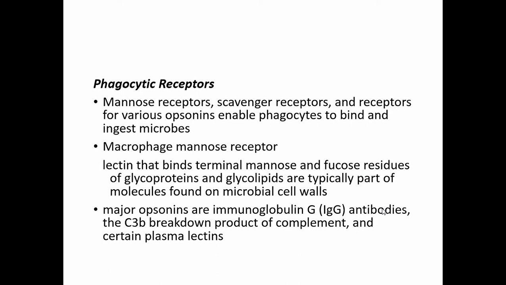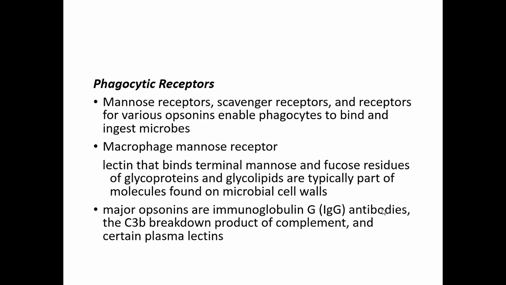The macrophage mannose receptor is a lectin that binds terminal mannose and fucose residues of glycoproteins and glycolipids on the surface of microbes. These sugars are typically part of the molecules in the microbial wall. Therefore, the mannose receptor recognizes microbes and not the host cells.